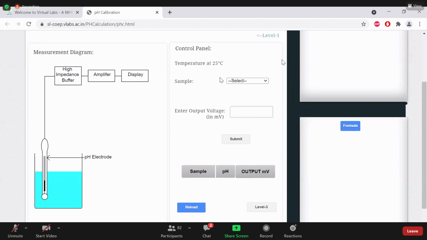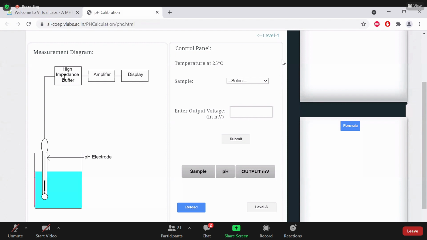And next to go to the level. Here we have pH sensor or pH probe or pH electrode, and this is the sample liquid. And this block is called as high impedance buffer. Buffer means it is an electronic circuit which can produce same output as input.